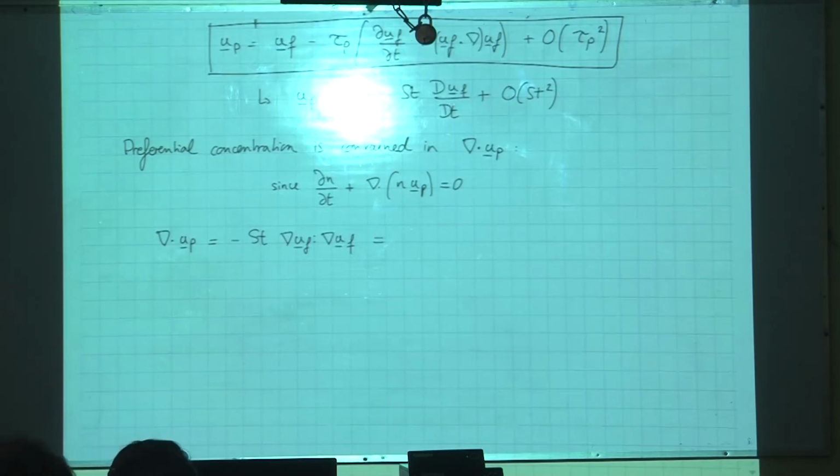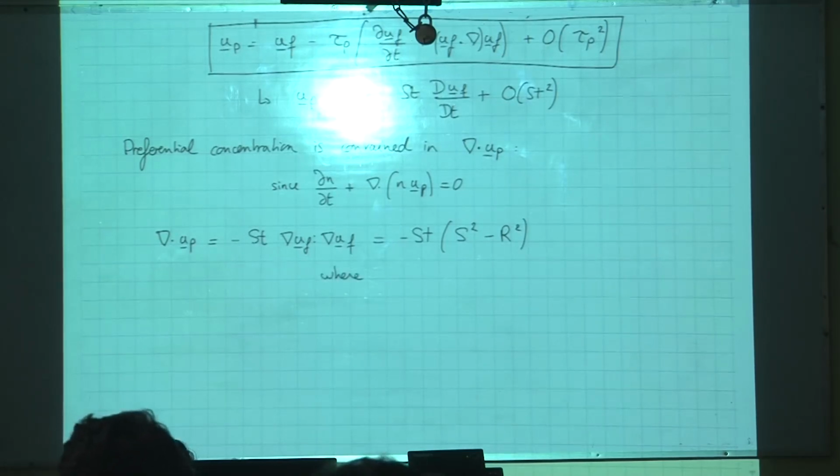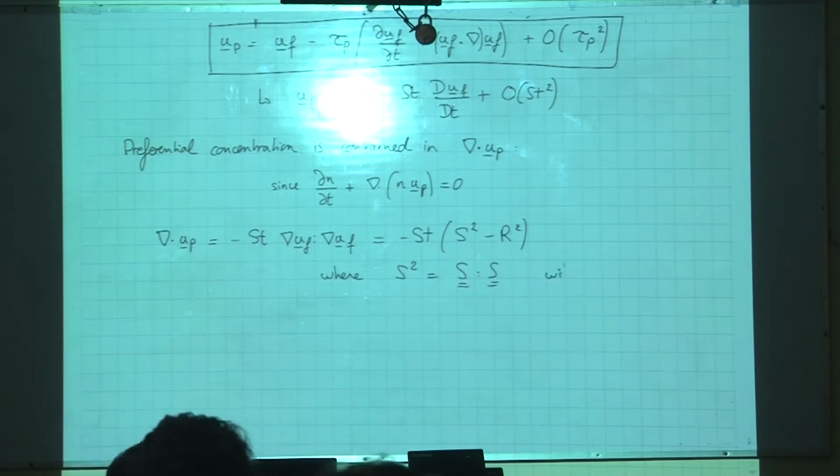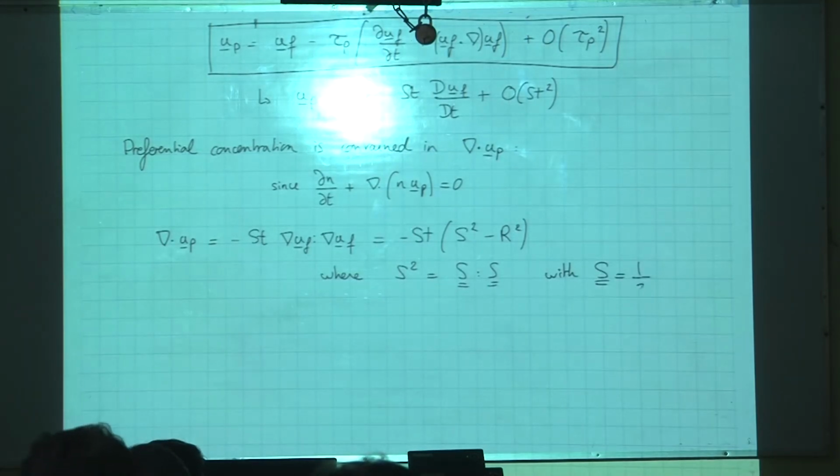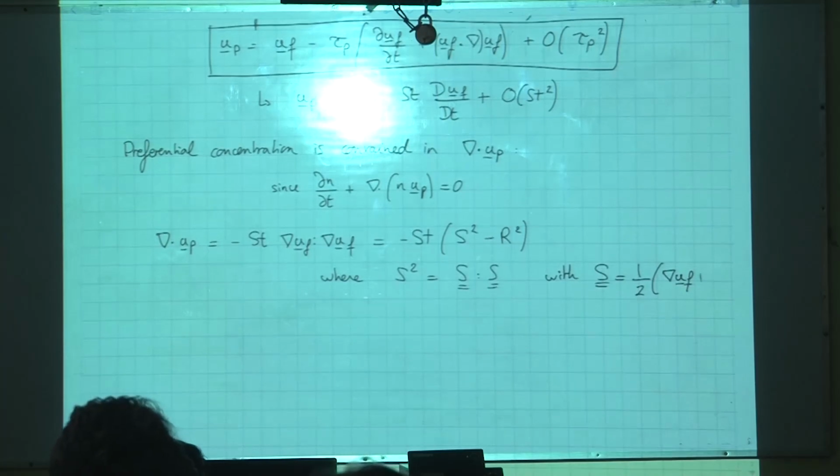We can rewrite that conveniently as minus the Stokes times S squared minus R squared, where S squared is the double contraction of my strain rate tensor for the fluid, where S is 1/2 of the symmetric part of the fluid velocity gradient tensor.